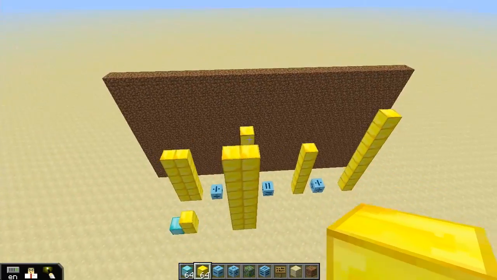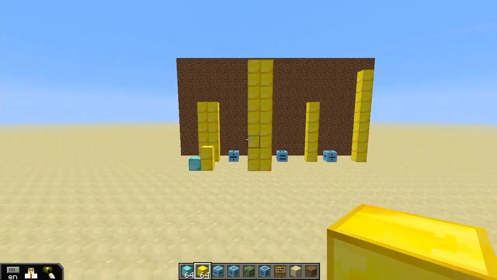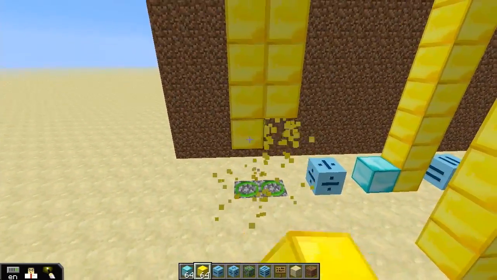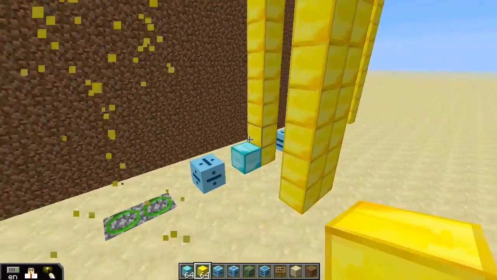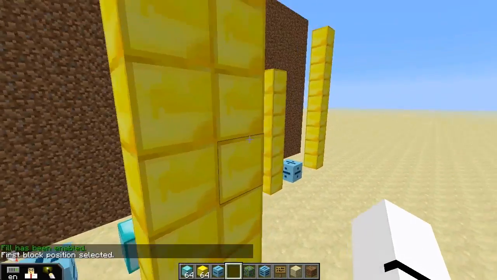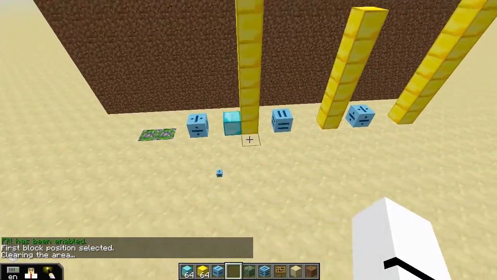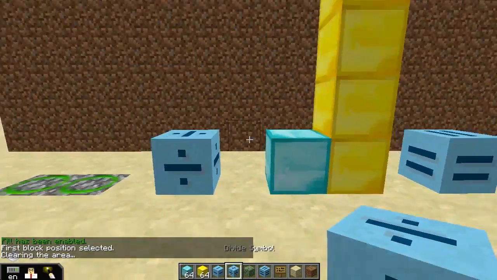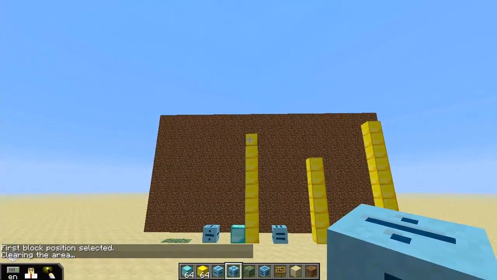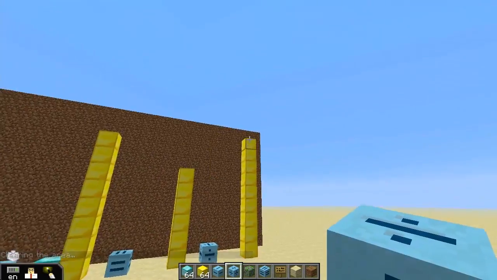Relational thinking division in Minecraft. So if I set this back up to the way it was, here is our initial question. Something divided by 18 equals 6 divided by 9.